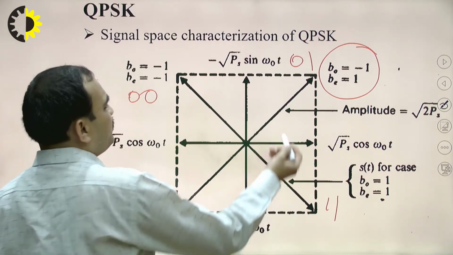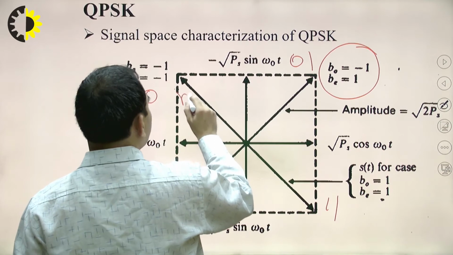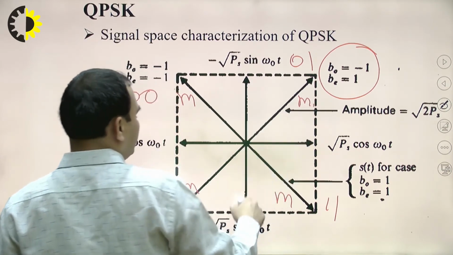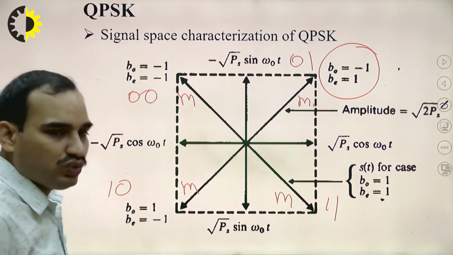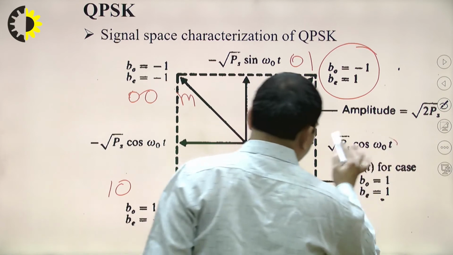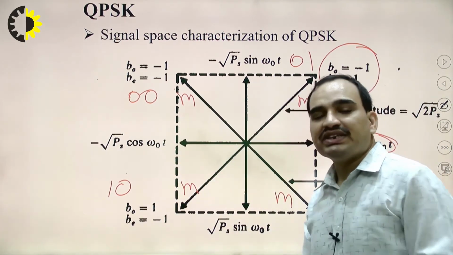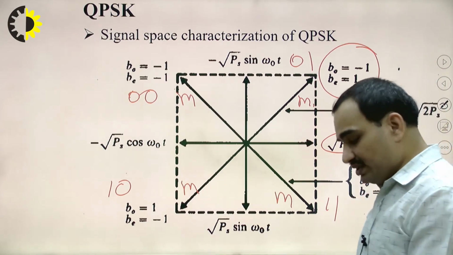We can shift this symbol here, we can shift this symbol here, and shift. Even these symbols can be shifted as shown by the arrows also. So that is the advantage of using this QPSK modulated signal. The symbols can be shifted, or there may be an offset in the symbols.